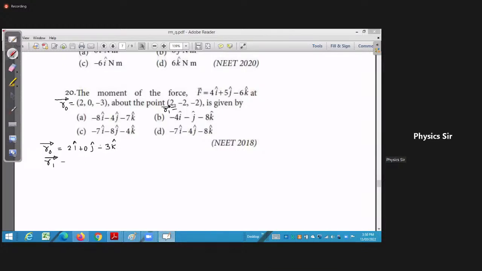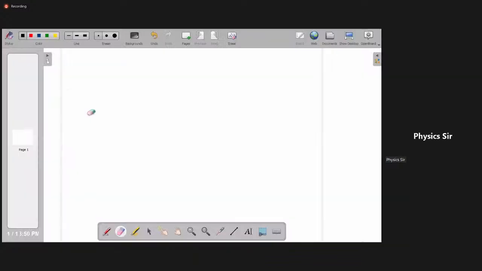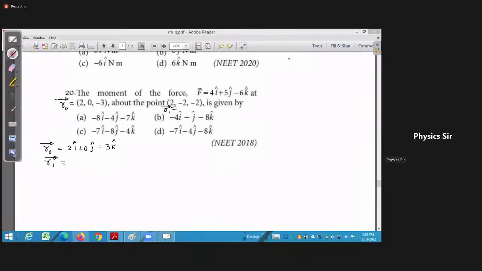And what is the vector r1? You may write it this way: this is the vector r1 and this is the vector r2. So we have two vectors, vector r1 and vector r2.